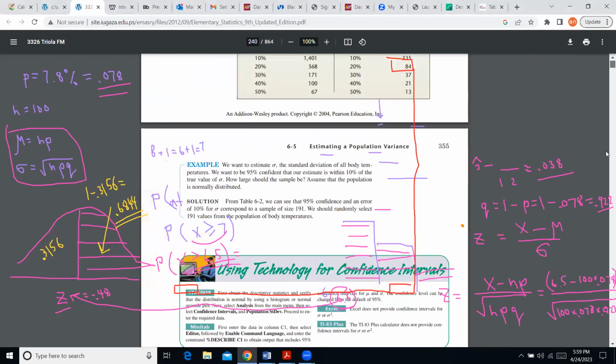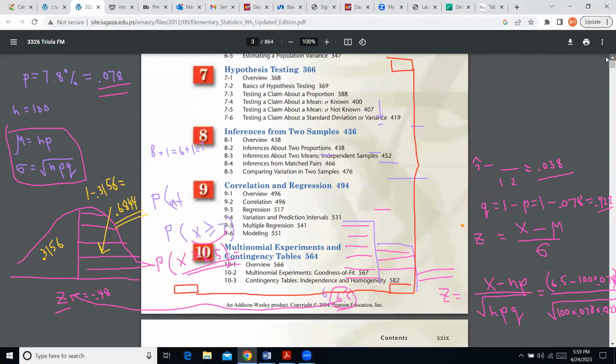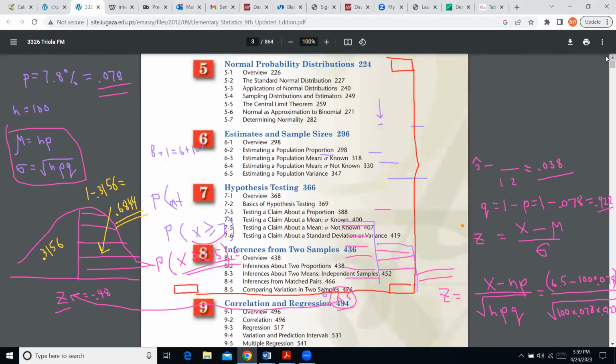Let me go to the contents so we can better see this. This problem came from section 5.6, sorry, chapter 5.6. That's the exercise where I picked it from. And the other exercise will come from 7.4, the other chapter that we just looked at.